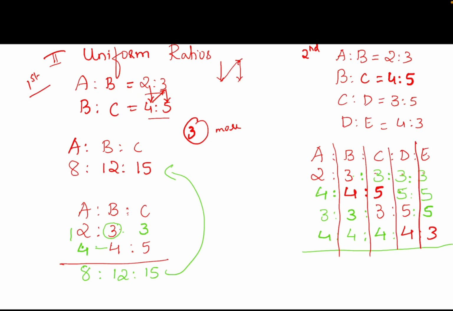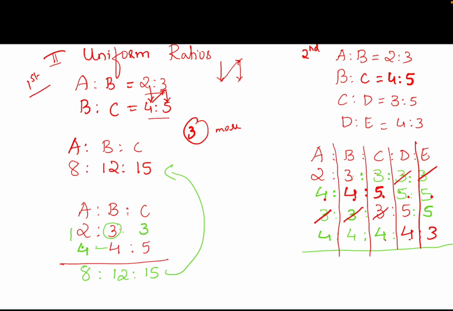See whether any number is common. 3 is common here, here, here and here. Anywhere else is any number common? Now 4 is here, here, here, but 4 is not present in the last column, so we cannot cancel 4. And 5 is here, here and here, but it is not there in the first and second columns, so we cannot cancel it.